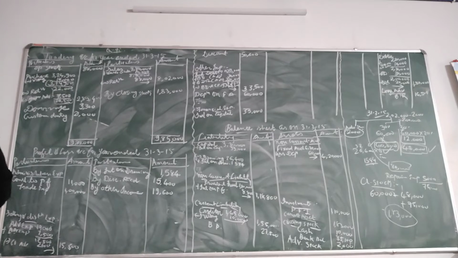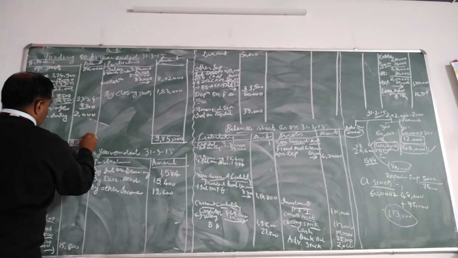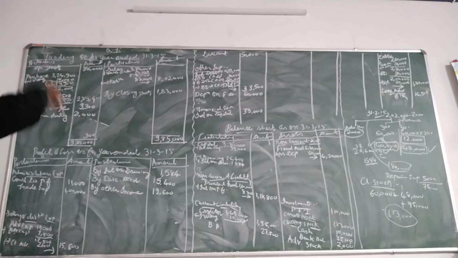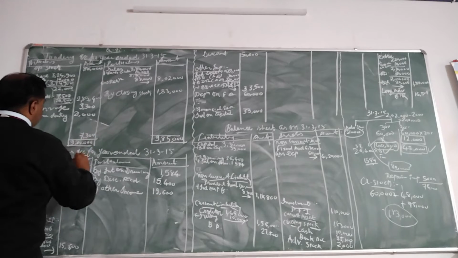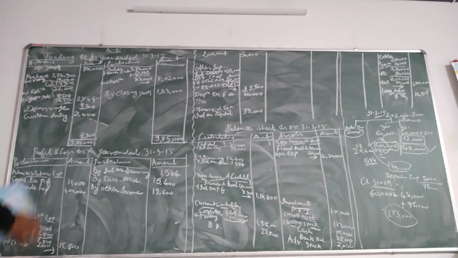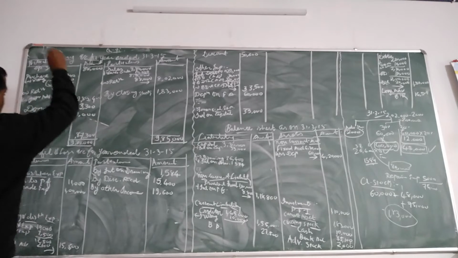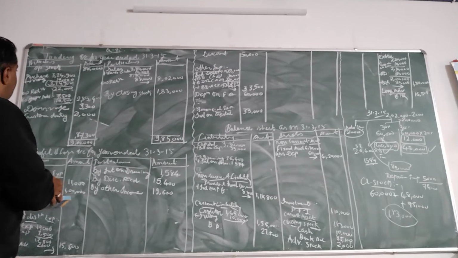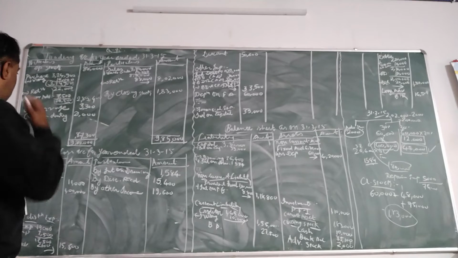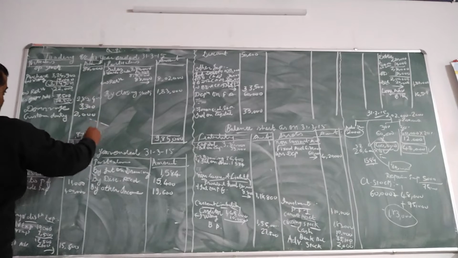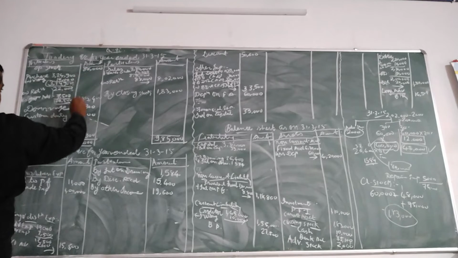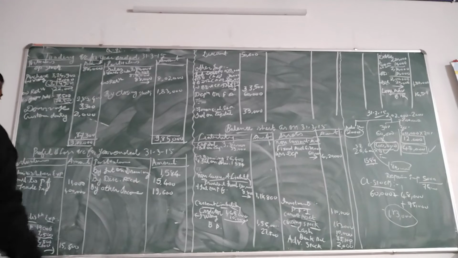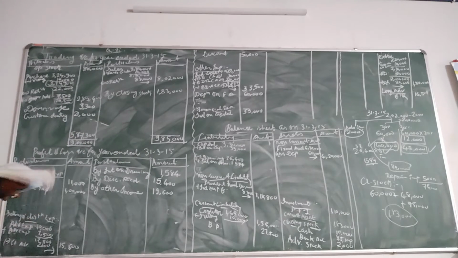The balancing figure is five lakh 87,300.